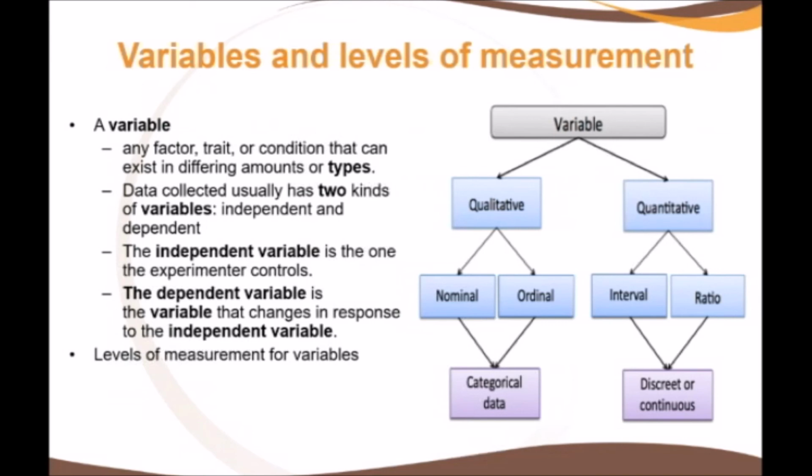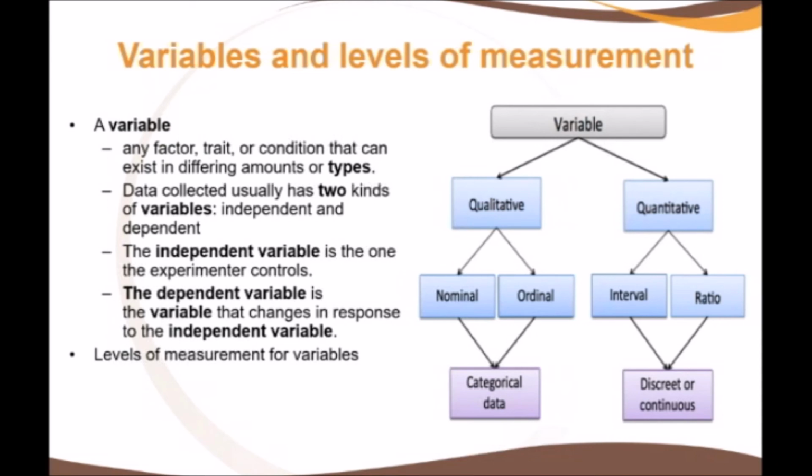Education, one may be not educated, stopped at primary, completed secondary school, has a tertiary qualification. That's a variable. It varies. That's why it's called a variable. So gender is a variable, and that's the data you're going to collect.